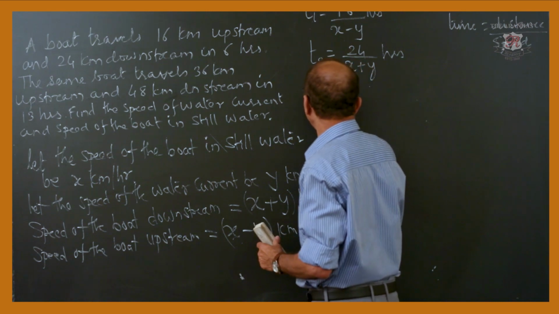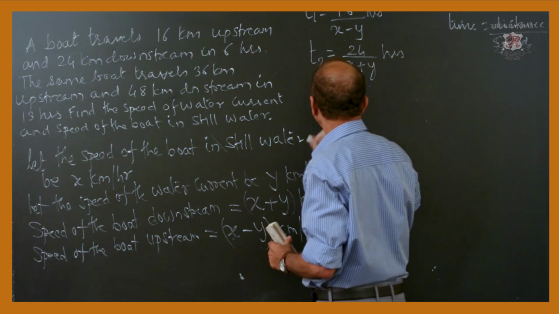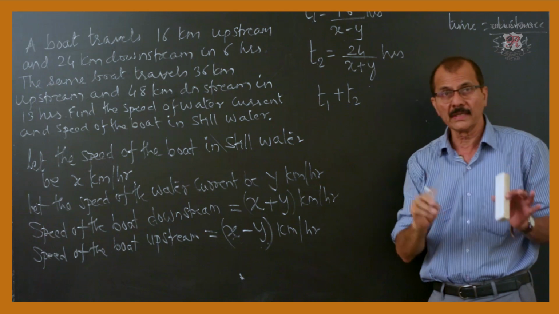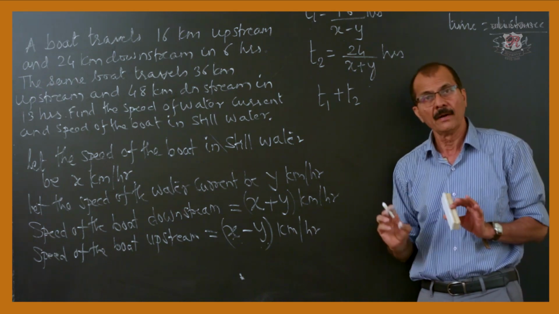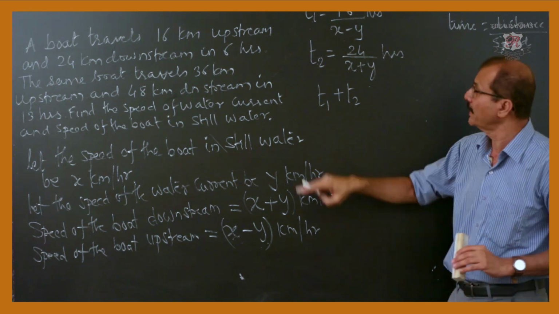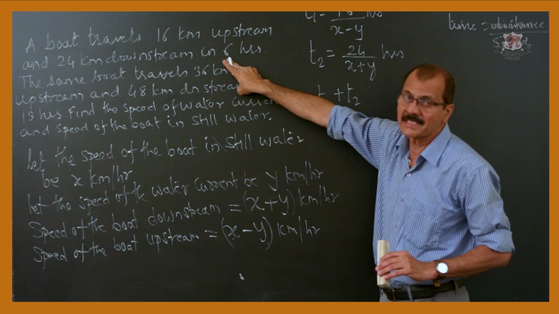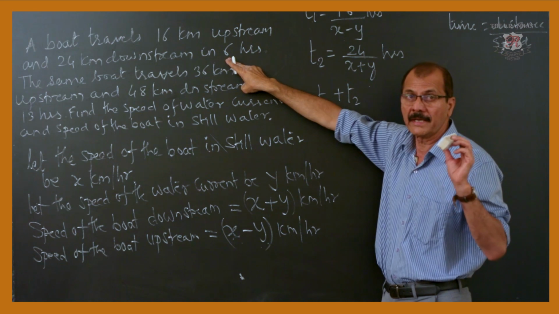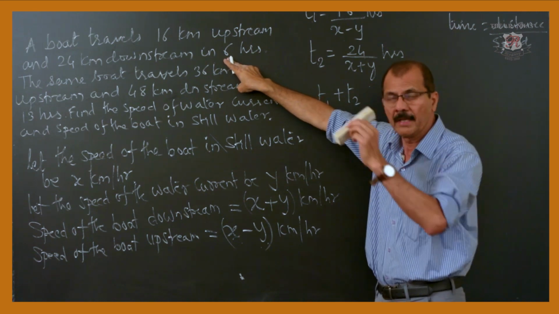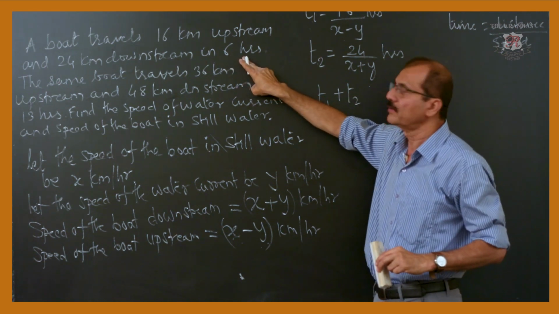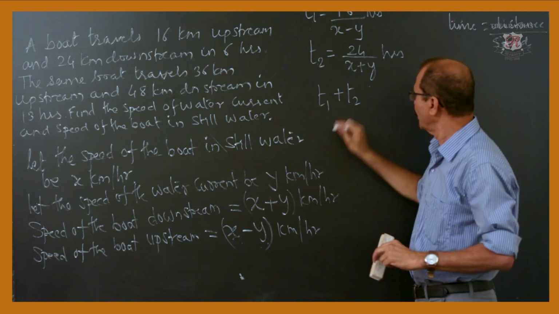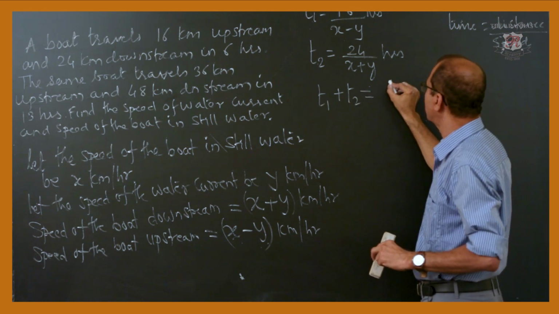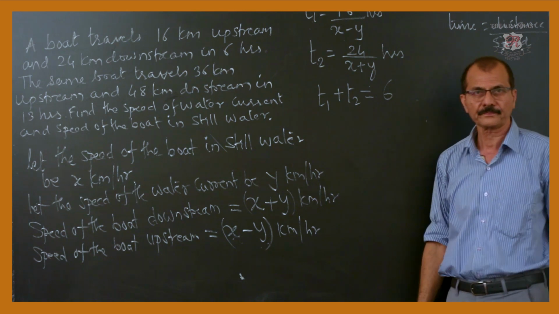So, you get here T1 plus T2, but what is the total time taken by the boat to travel upstream and downstream? It is given to me as 6 hours. So, T1 plus T2 will be equal to 6.